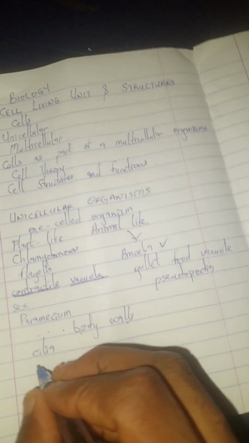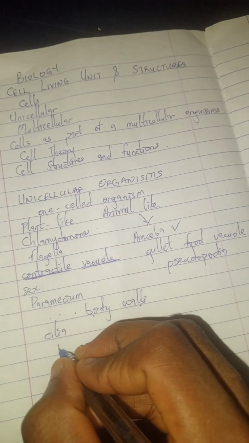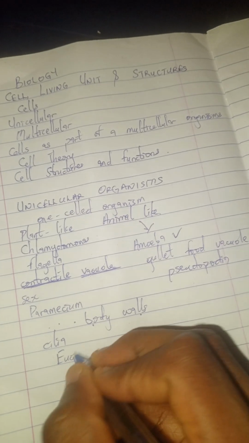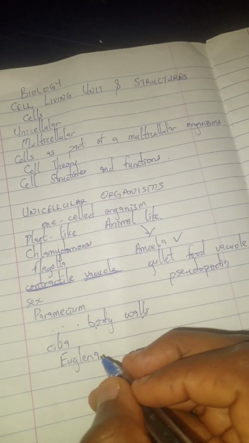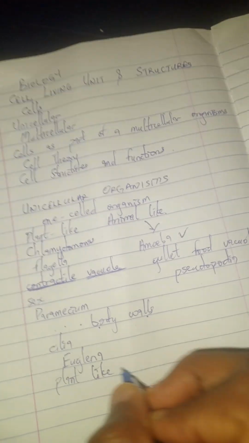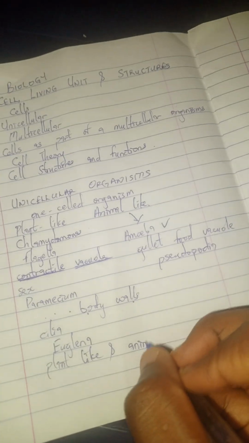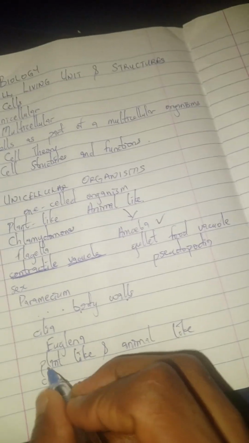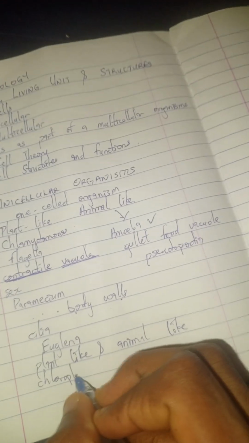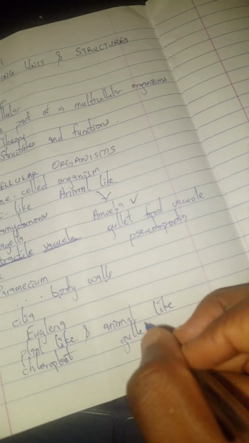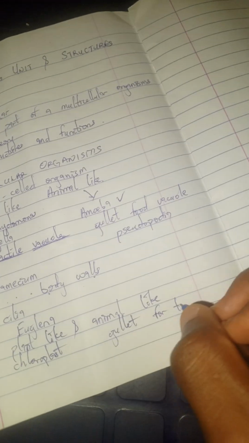And we are now going to look at a living cell which is called the euglena. This euglena has both plant-like and animal-like characteristics, because euglena has chloroplasts for synthesizing food and also has gullets for taking in food.